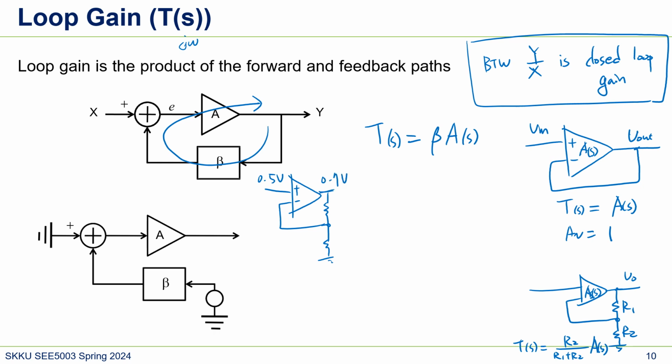When we want to measure loop gain, we want to keep this voltage the same, and then somehow calculate the loop gain.